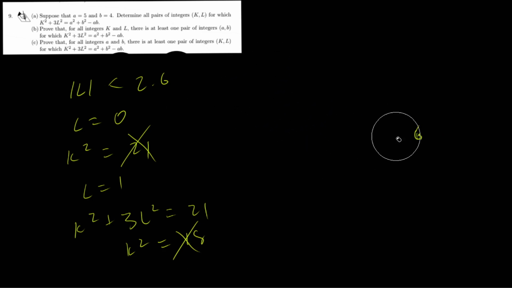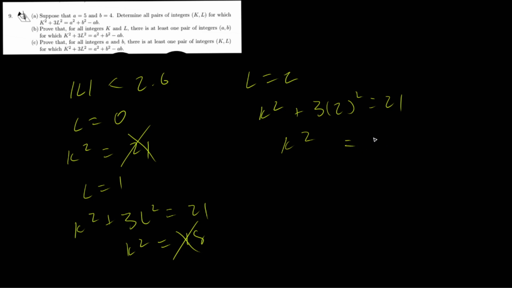Now, let's say that L equals 2. Then it'll be K squared plus 3 times 2 squared equals 21. K squared would equal 21 minus 3 times 4, which is 21 minus 12.